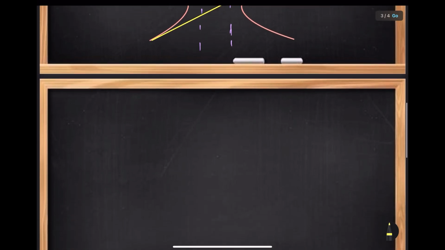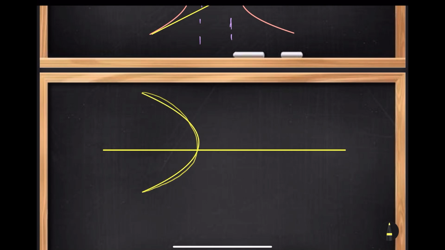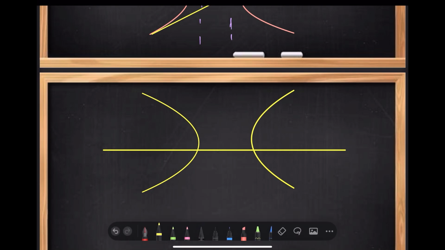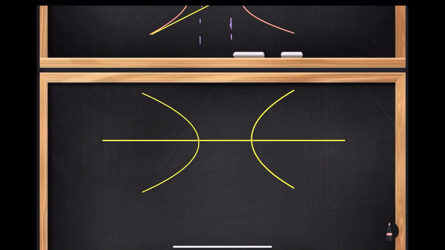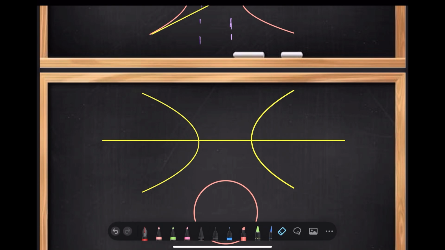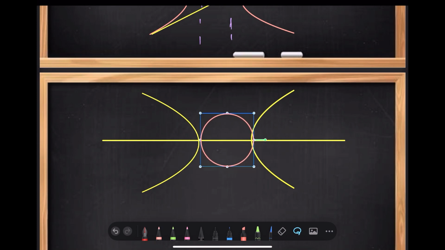Now look at the next part. Suppose this is the hyperbola wings. So we got our hyperbola, and I am talking about the auxiliary circle. Okay, so what is that auxiliary circle? A circle which will pass through the vertex.